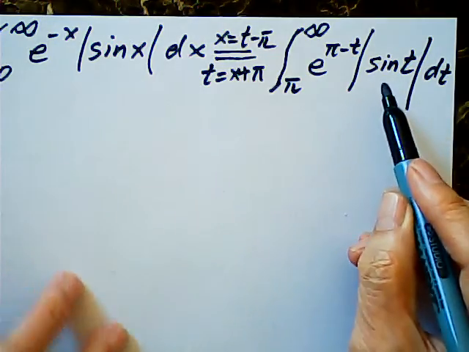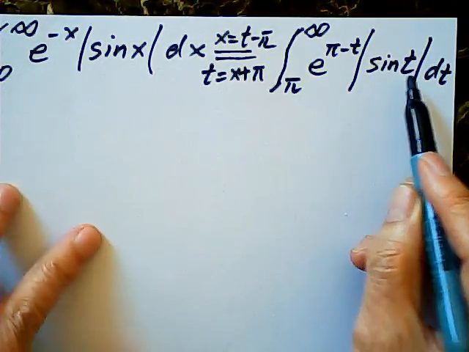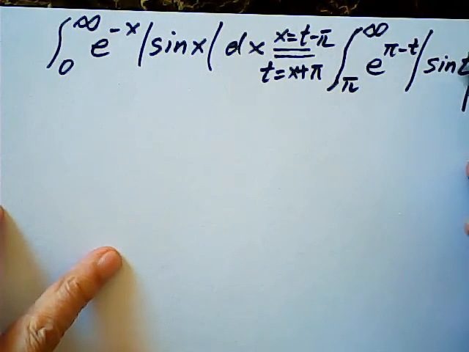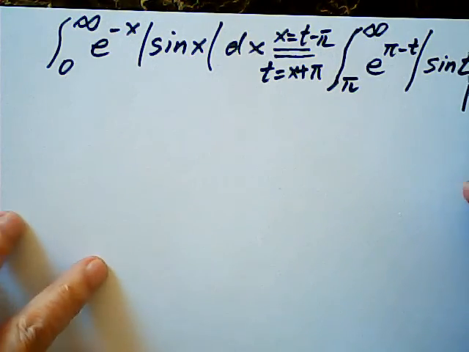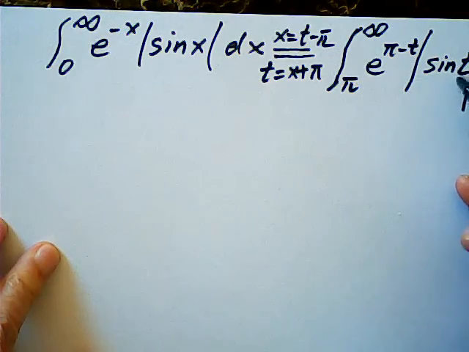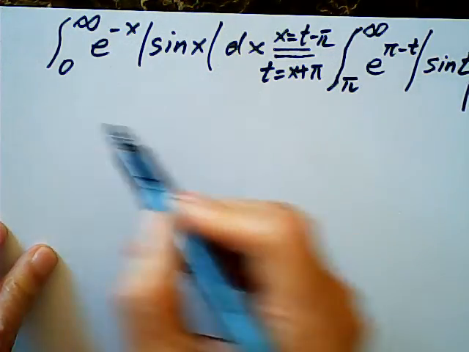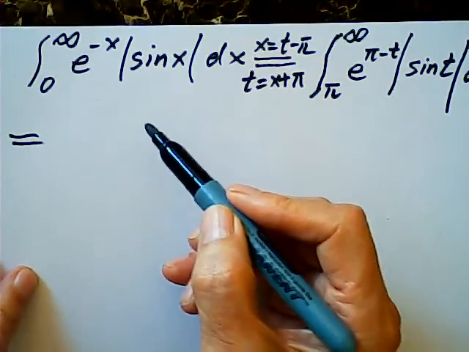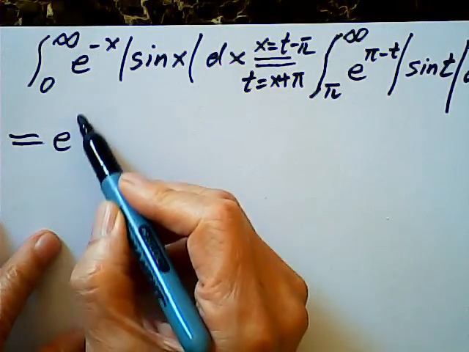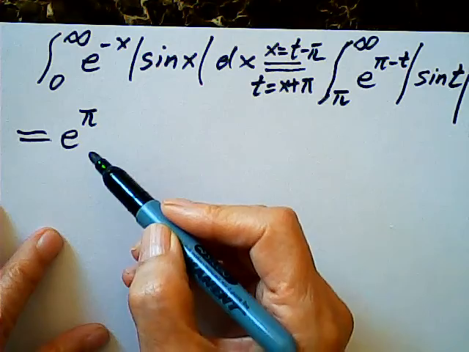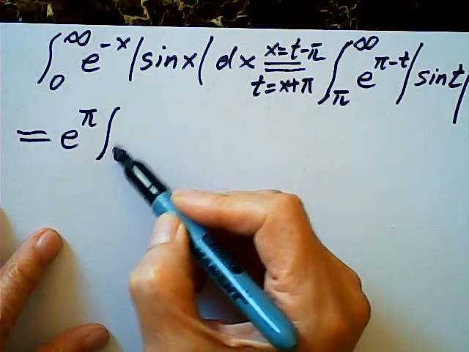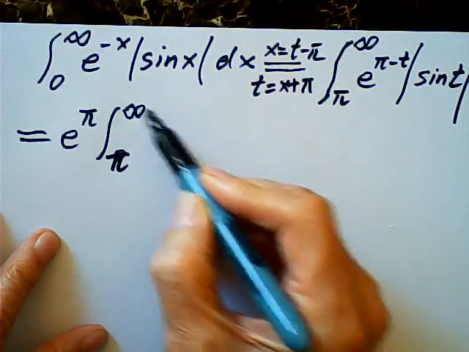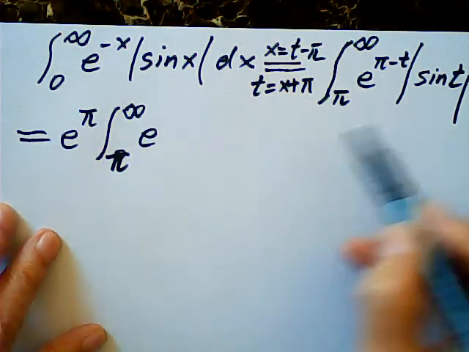Because sine t negative or positive, there's no difference. Absolute value sine t is always positive, no matter sine t is negative or positive. So that would change the integral into e to the pi multiplied by the integral from pi to infinity of e to the negative t.